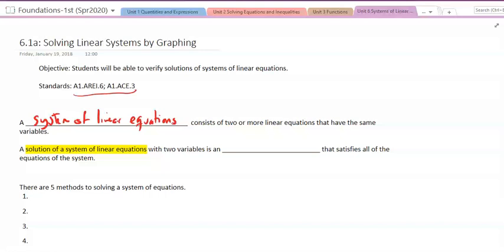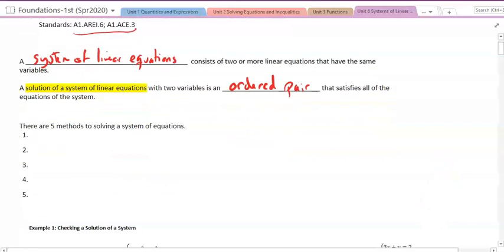Well, think about what could happen to this. Well, it would be an ordered pair because we're looking at points on the graph. And so again, the solution of a system with two variables is an ordered pair that satisfies all of the equations of the system.